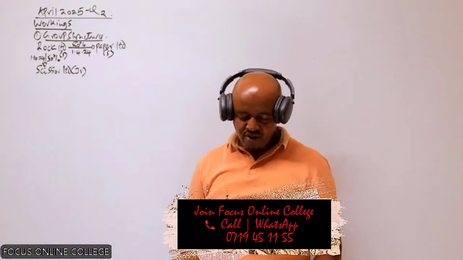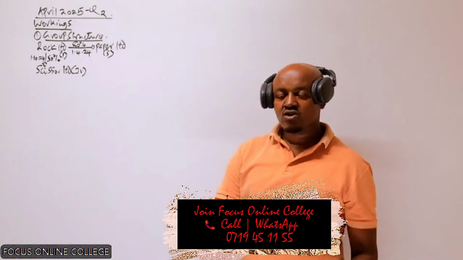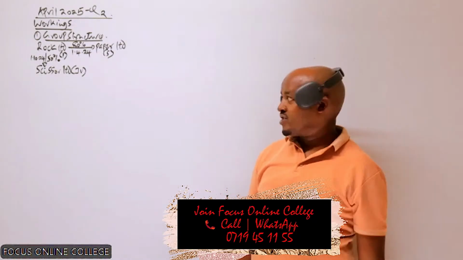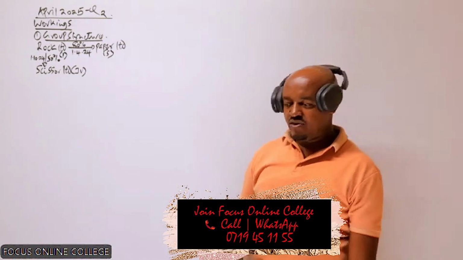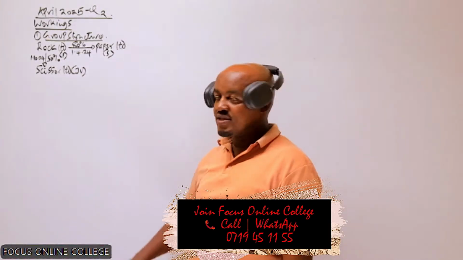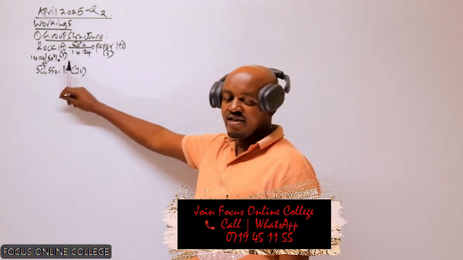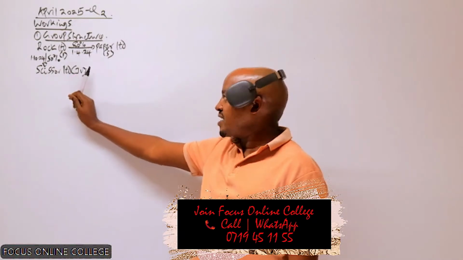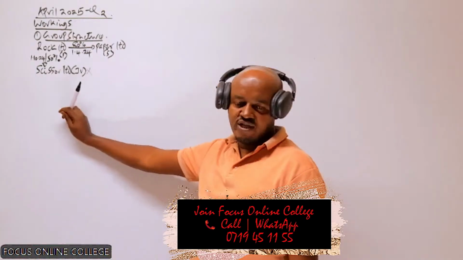So if we go to the requirements, we are required to prepare the consolidated statement of profit or loss and the consolidated statement of financial position. In preparing those consolidated financial statements, we will add similar items of assets and liabilities, those of the parent and those of the subsidiary. That does not apply to the joint venture.